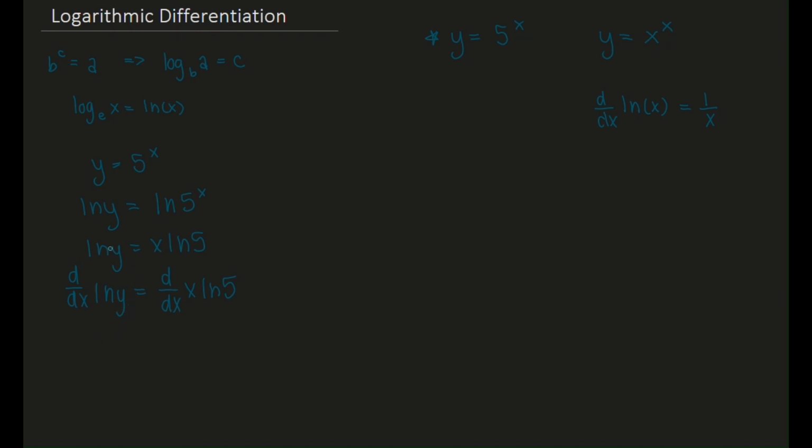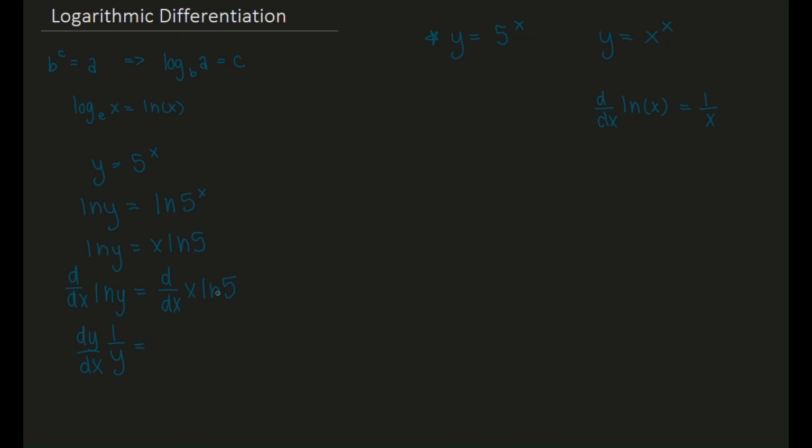If the derivative of the natural log of x is 1 over x, then the derivative of the natural log of y is 1 over y. So this becomes 1 over y, and in order to account for that differentiation, I'm going to write dy/dx. So I'm keeping track that y was being differentiated.